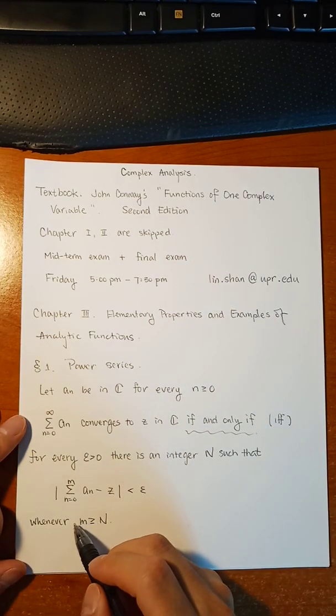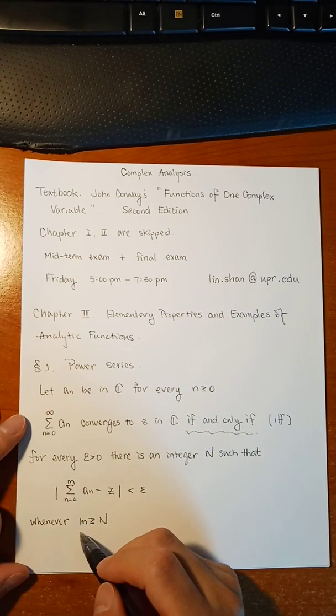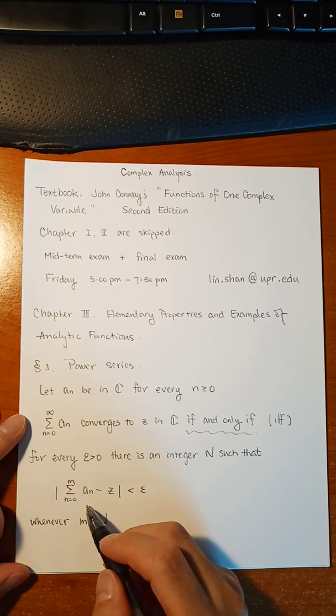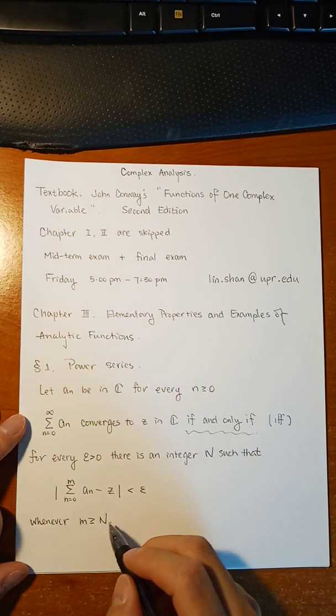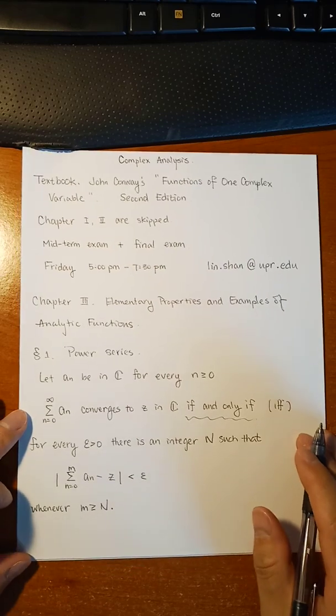Here, this is a partial sum from the 0th degree to the mth degree. This is the standard definition of convergence.